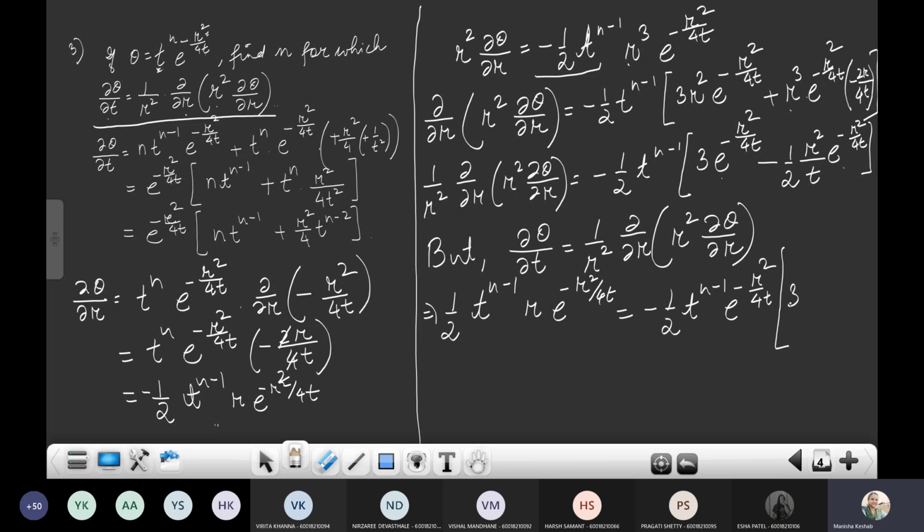Then we will have 3 minus half r square by t. Okay. Now out of this we can see that t power n minus 1, t power n minus 1, then e power minus r square by 4t, e power minus r square by 4t. Then we have this half and this half. So all these got cancelled. Okay. So then what we will have?